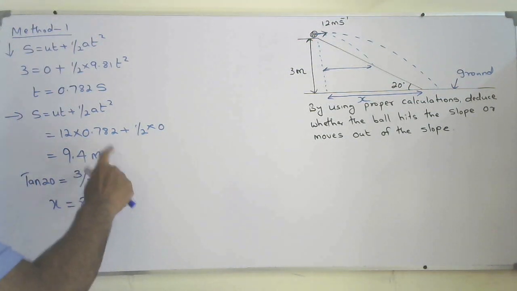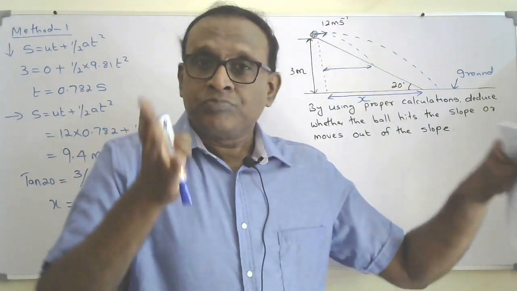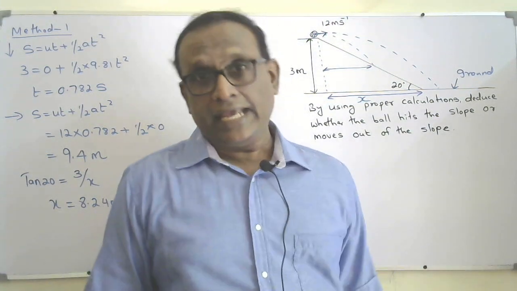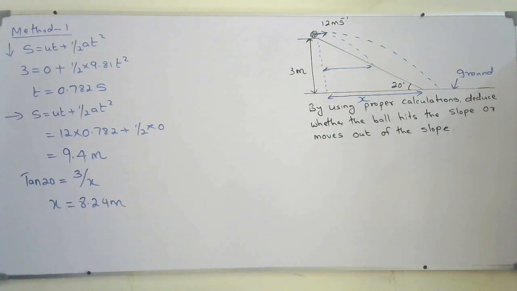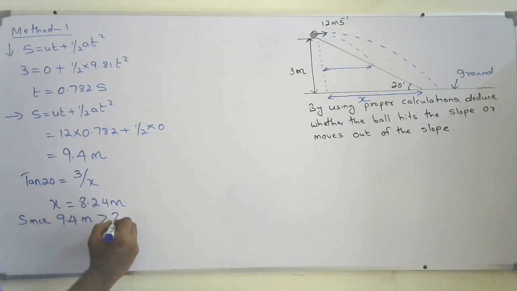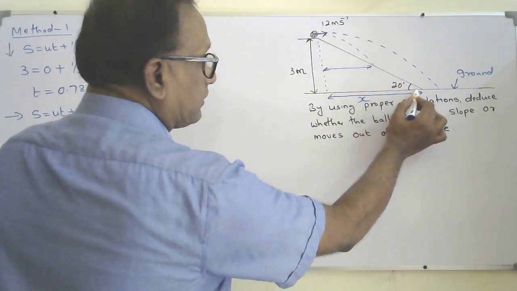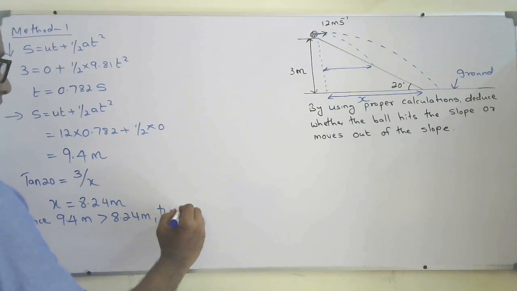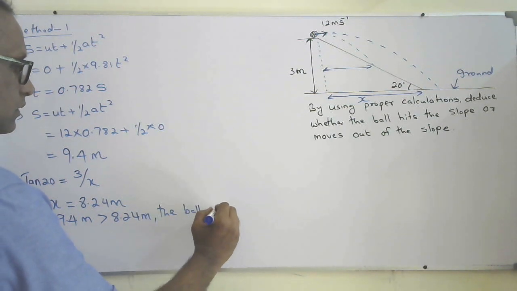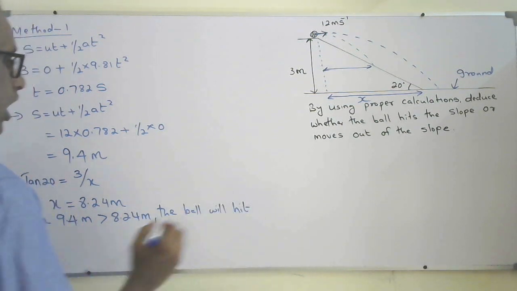Its horizontal displacement is greater than the length of the base of the slope. Therefore, it will hit out of the slope. So I can say since 9.4 meters is greater than 8.24 meters, the length of the base of the slope, the ball will hit out of the slope.